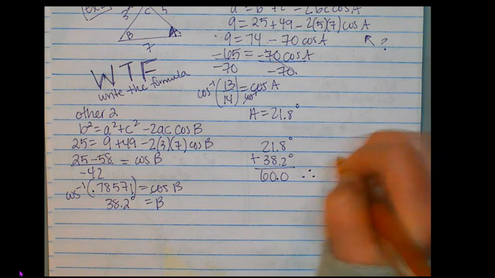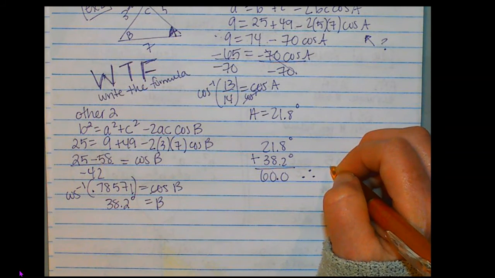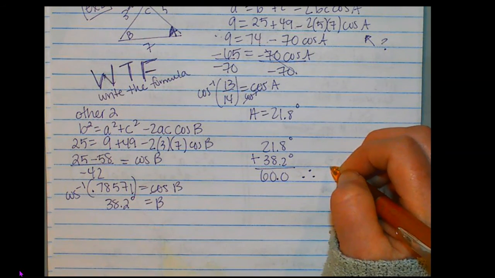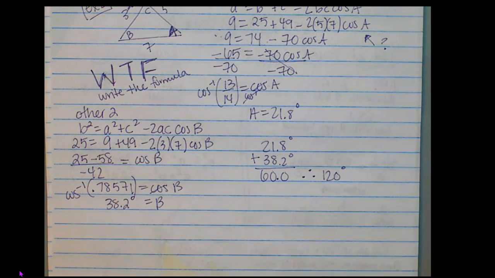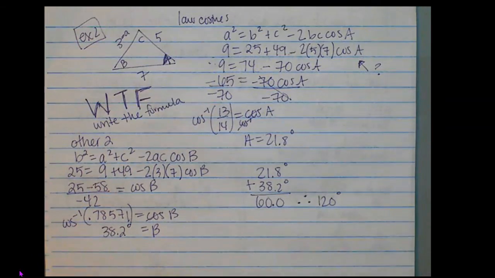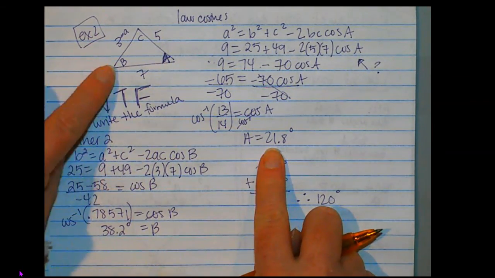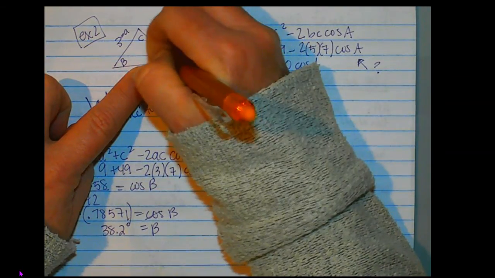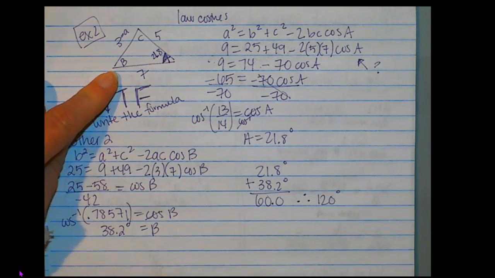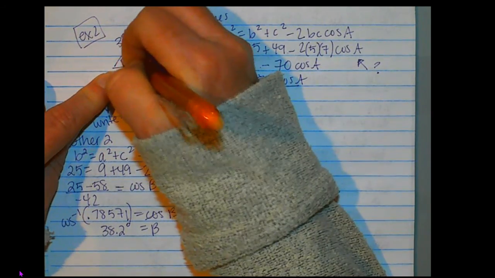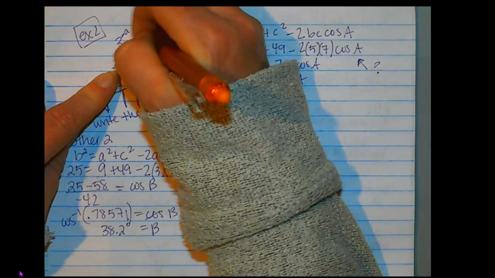Therefore, the last angle must be 120. Okay. So 3 dots means therefore, when you're writing it out. So I could go up here and say A is 21.8 and put it in my triangle so I know what I'm doing. B is 38.2 and C is 120.